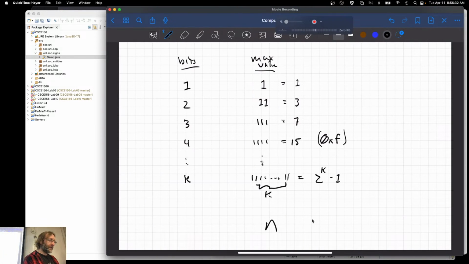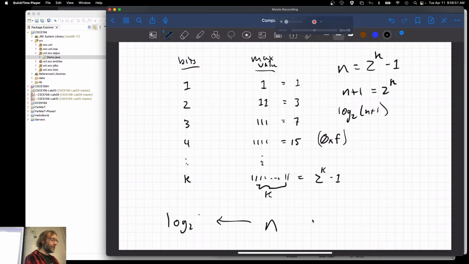So once again, solve for n over here. N is equal to 2 to the K minus 1. N plus 1 is equal to 2 to the K. What do I do to get rid of that 2? Log base 2 of n plus 1. So over here, I'll just say log base 2 of n.